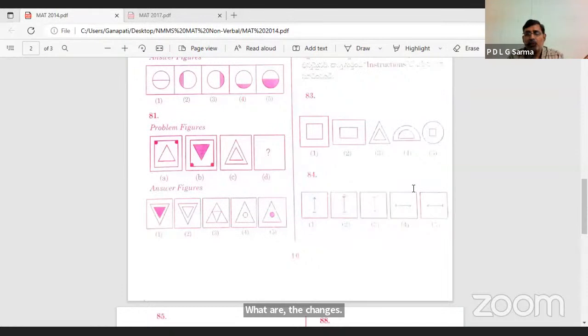Okay, so don't bother much about one or two. You just have to tell me why you are opting for that. So you see, the first thing is dots are coming down, right? The triangle is inverted. Triangle inverted, observe.